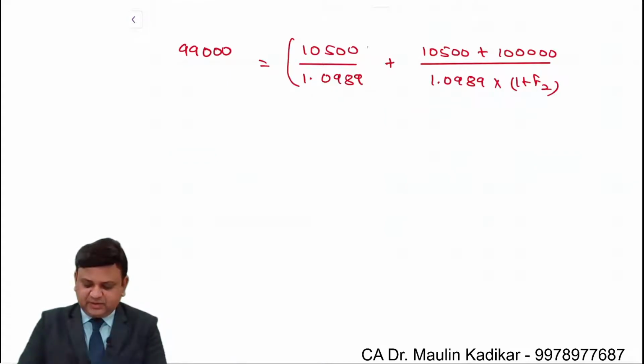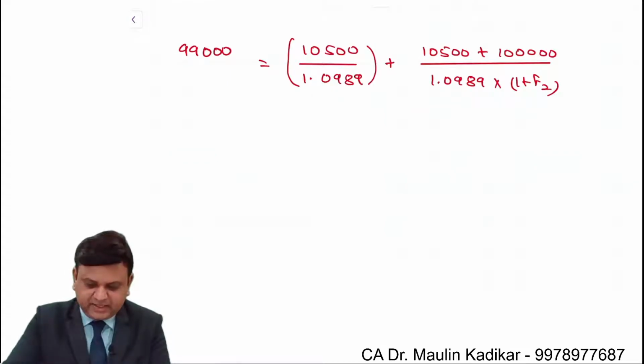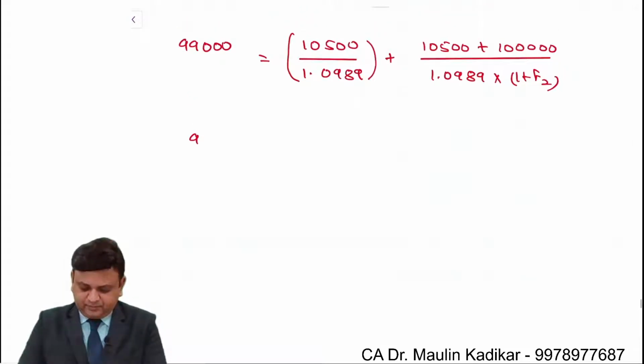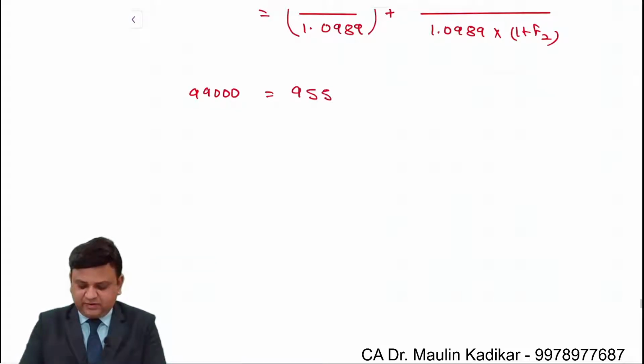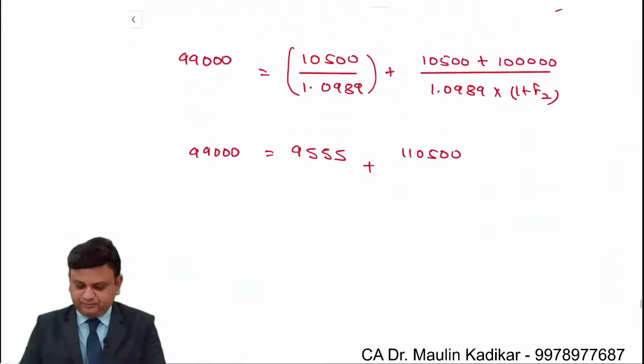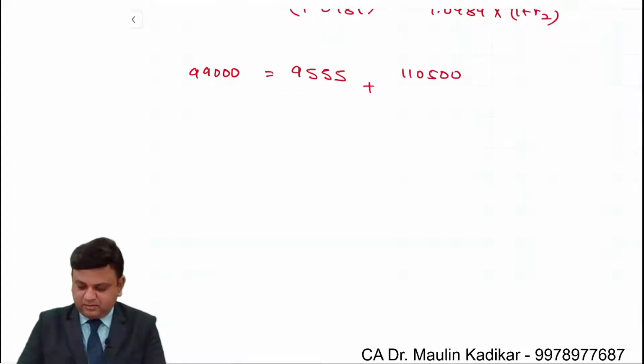I will compute the present value of this. 10,500 divided by 1.0989 is 9,555. So 99,000 is equal to 9,555 plus 1,10,500 divided by 1.0989 into 1 plus F2.